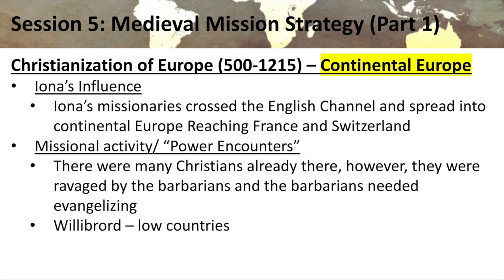So Iona had an influence on continental Europe, but also there was this missional activity on continental Europe that involved power encounters. And what we mean by power encounters is that a missionary would do something great and would be seen as a religious person with a lot of power.